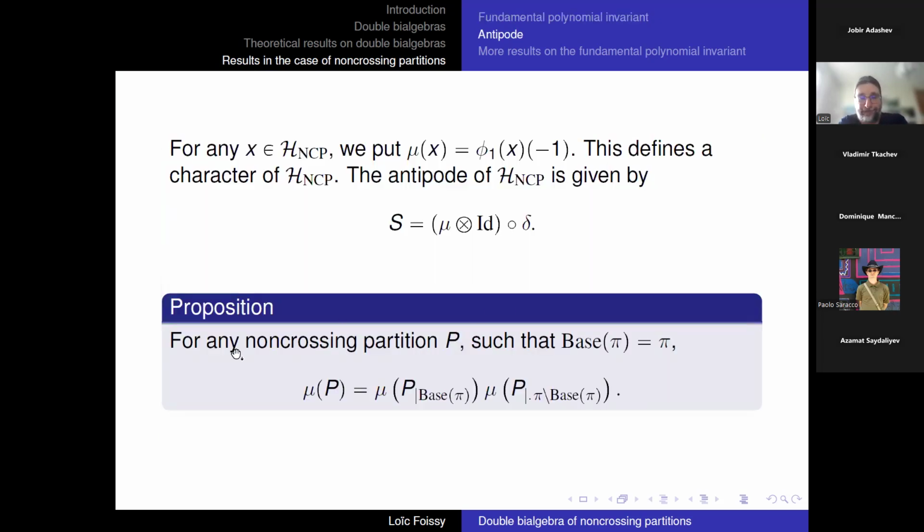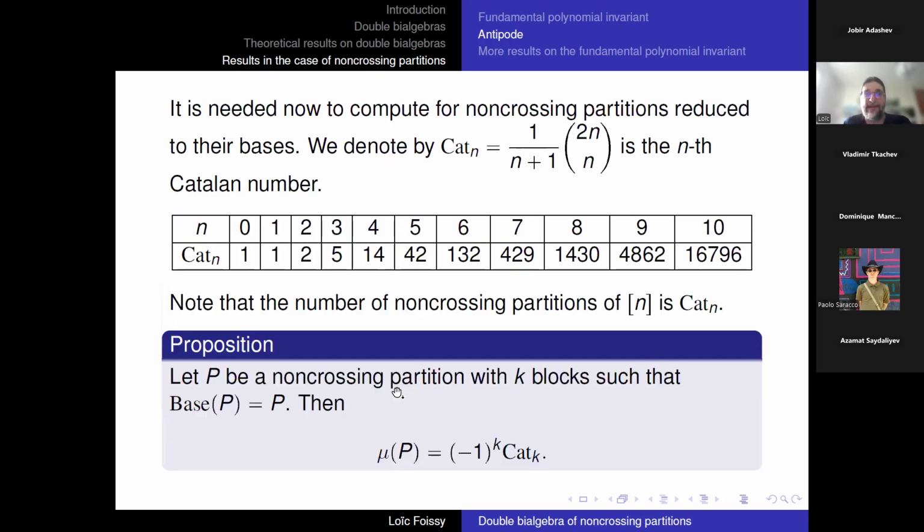In fact, it turns out it's enough to compute it on non-crossing partitions with no nesting, so non-crossing partitions which are restricted to their base. So in general, you can compute it inductively like this, for a non-crossing partition restricted to its base, with no nesting.